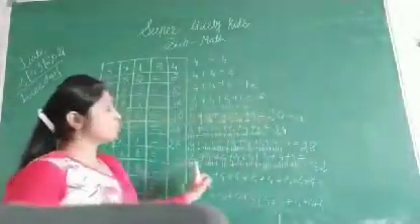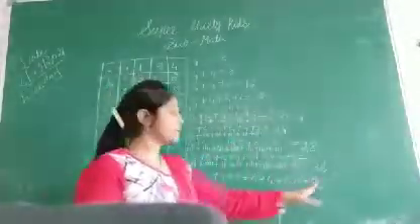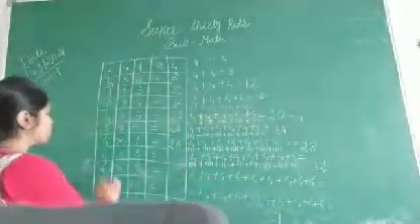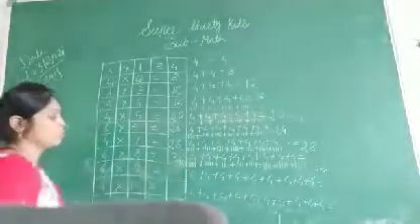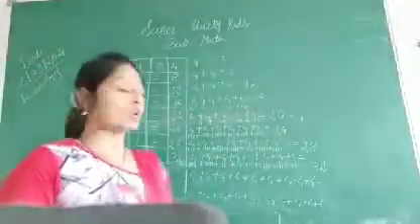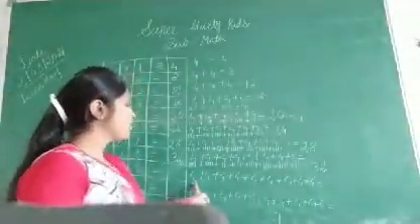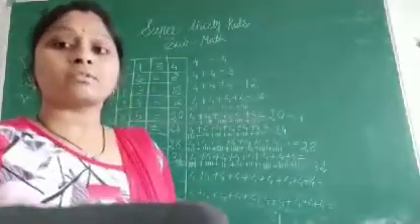We count 4 eight times, we get the answer 32. So 4 eights are 32. Now count next: 4 nine times.